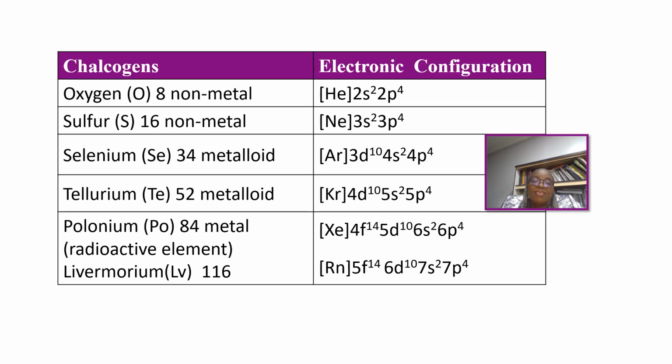The Chalcogens: they are oxygen with a symbol O, atomic number 8, and it's a non-metal with electronic configuration He 2s2 2p4. Then we'll have sulfur, symbol S, atomic number 16, a non-metal also, with electronic configuration Ne 3s2 3p4.